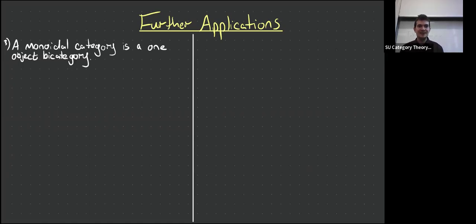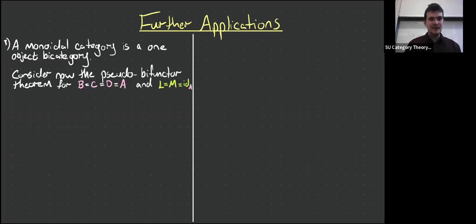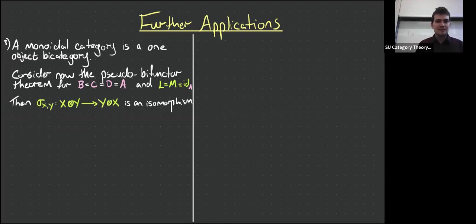So a monoidal category is a 1-object bicategory. So now consider the pseudofunctor theorem where we set B equal to C equal to D, and we're just going to call this A to not confuse ourselves. And for L and M, we're just going to take the identity on A. So then this sigma xy is going to be an isomorphism from x tensor y to y tensor x.